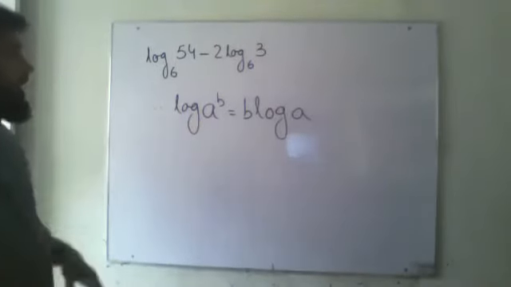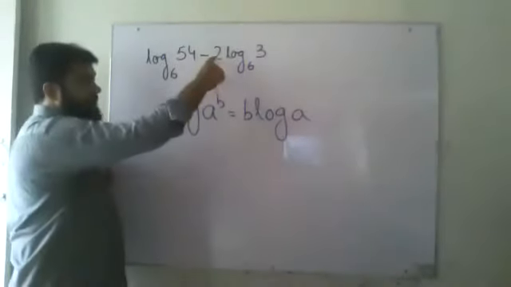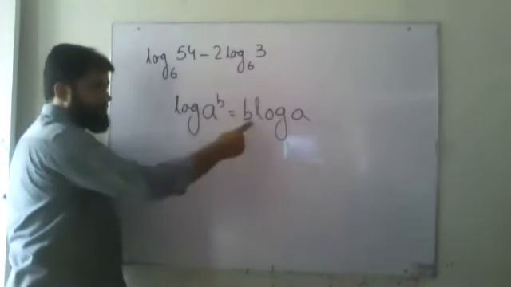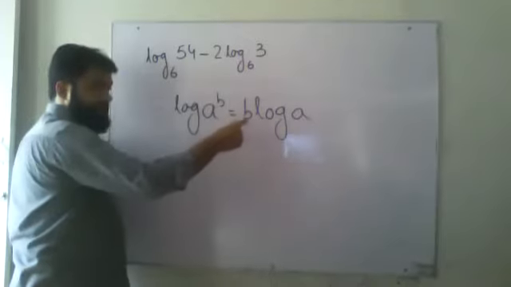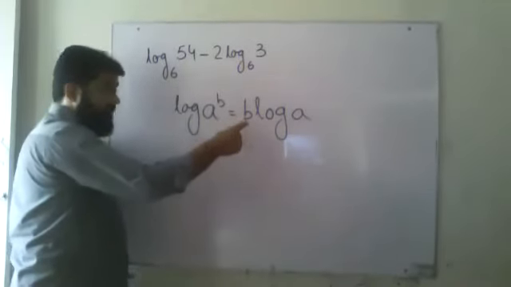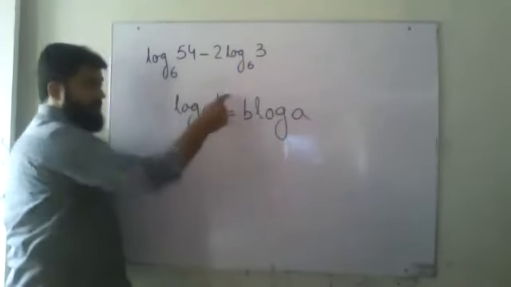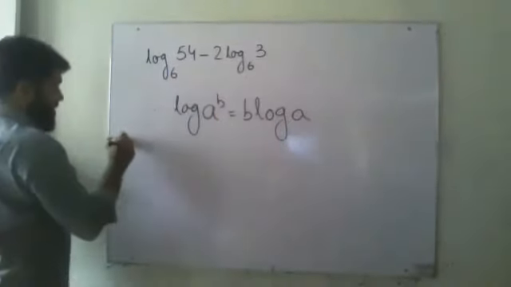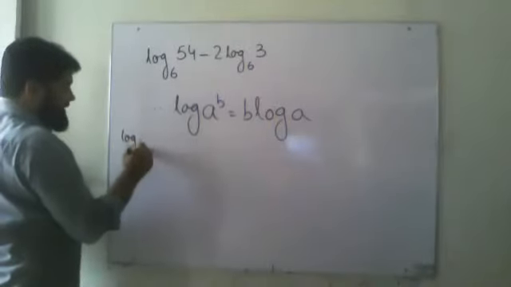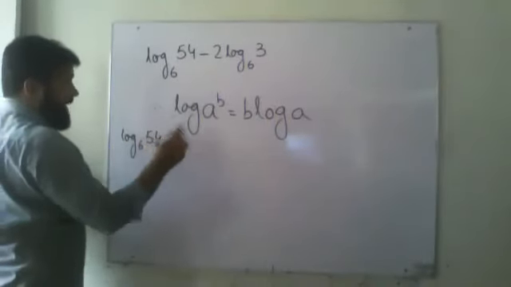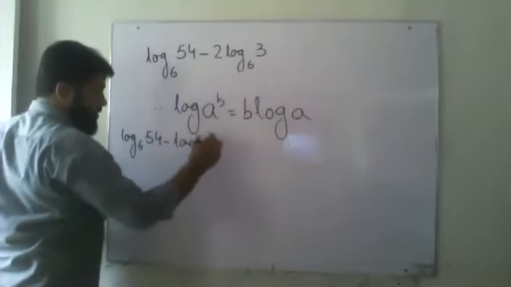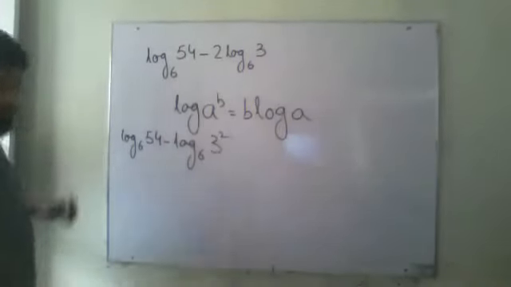So what will I do? I have seen that 2 is written before log, and the rule says if anything is written before log, I can shift that thing as the power of the multiple. So over here, what will happen? Log base 6 of 54 minus, this will be shifted over here, log of 3 squared.